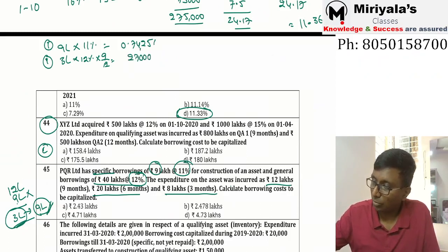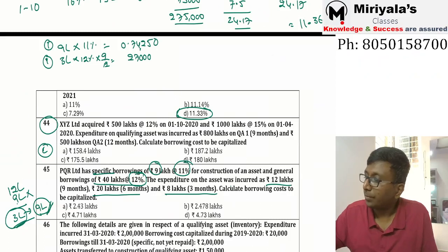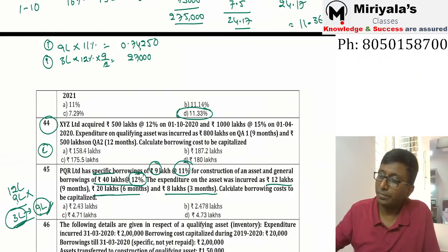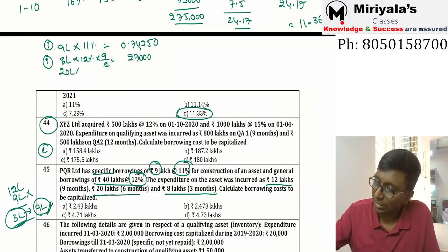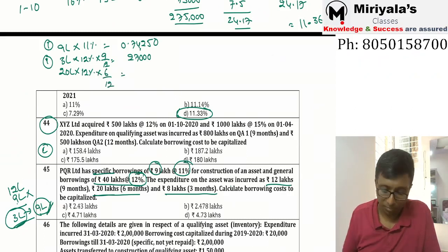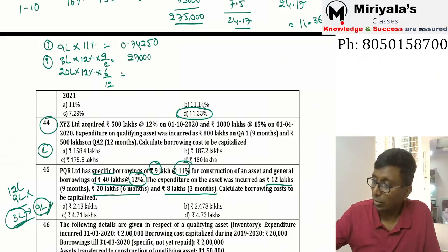And this is 74,250. Next, the money you spend is 20 lakh. You must have taken the 20 lakh from the general borrowing. So 20 lakh into 12% only you should apply, and you have utilized it for 6 months only, so 6 divided by 12. 20 lakh into 12 percentage divided by 2 is equal to 1,20,000 rupees.